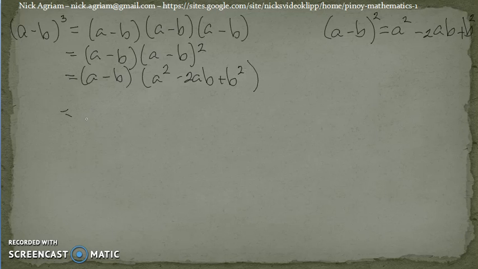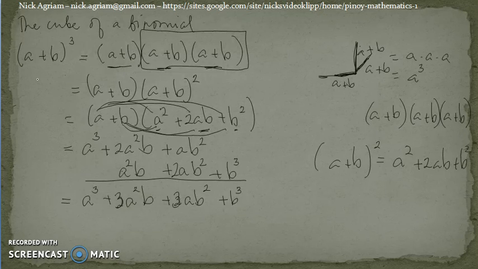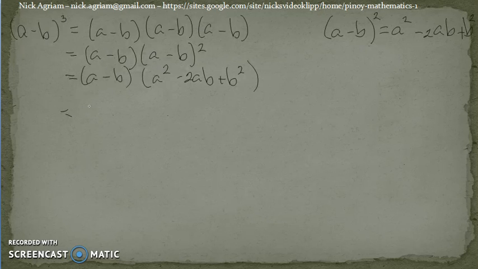I will do the same like what I did for a plus b raised to the power of 3. First term first, a cubed minus 2a squared b plus ab squared.